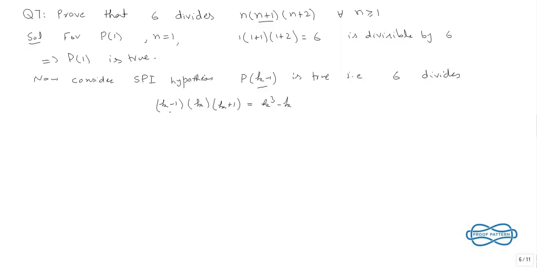It means this k cube minus k is divisible by 6.